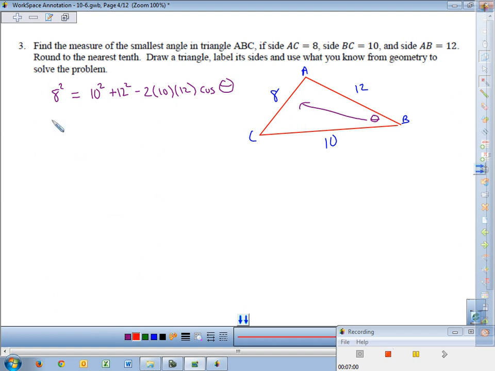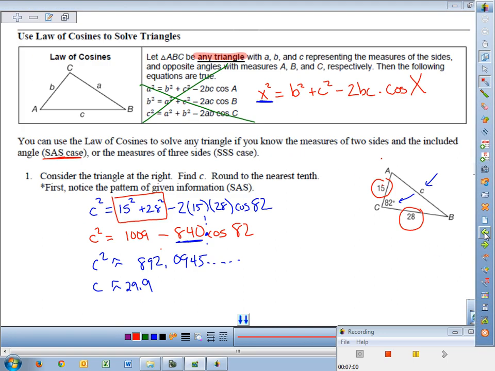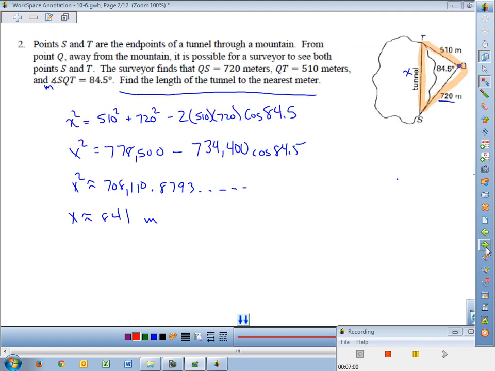But realize that the 8 had to go here because he's the side across from your angle measure. That's what that was all about. They have to be the sides across from each other. Big X and little x are always across from each other.